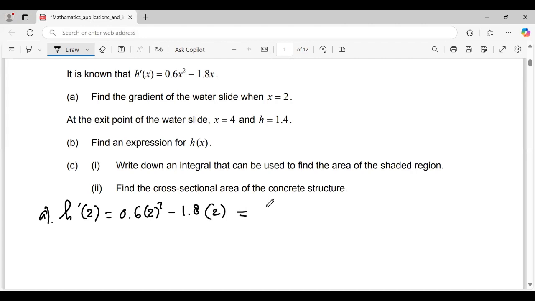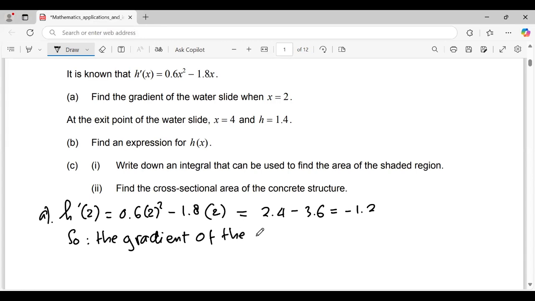And if you calculate, the result will be 2.4 minus 3.6, minus 1.2. So the gradient of the water slide when x equal 2 is minus 1.2. So the gradient.